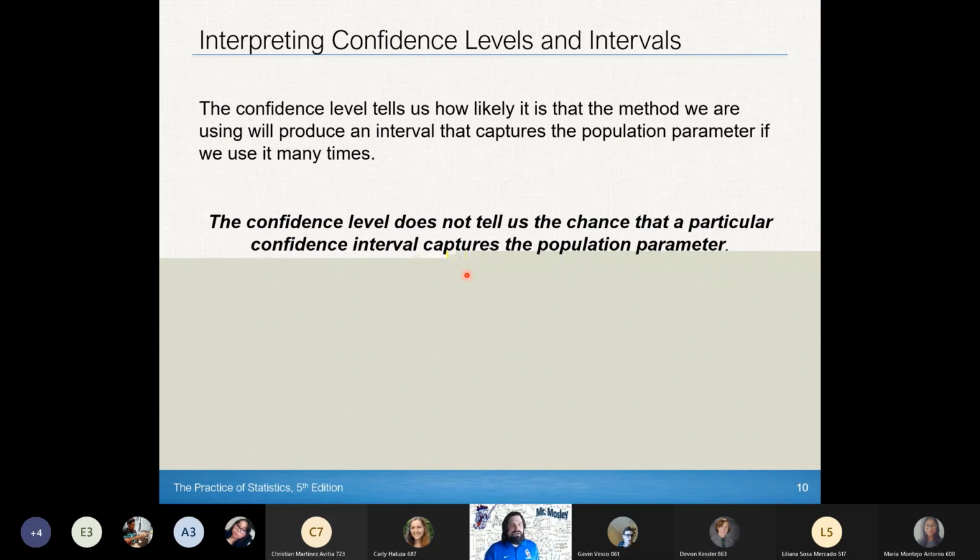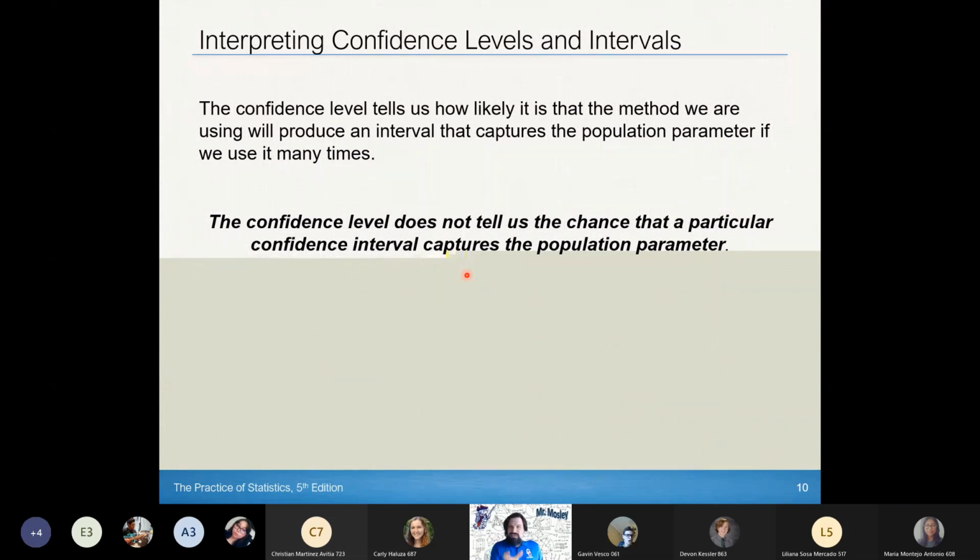So it doesn't tell us that, okay, I took a sample, we get an interval, and I'm 95% sure that this interval has the mean in it. That's not true. We're 95% confident that if I repeated this process over and over again, about 95% of these intervals will have the mean, right?